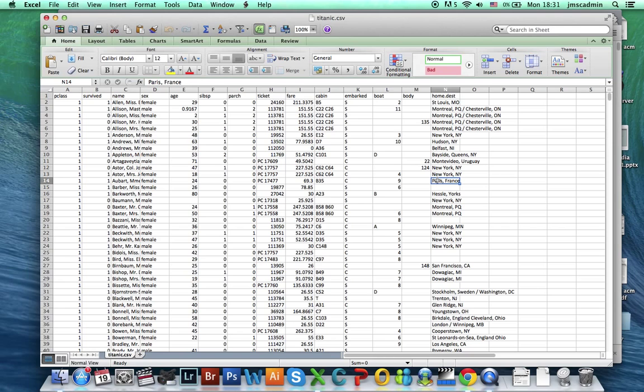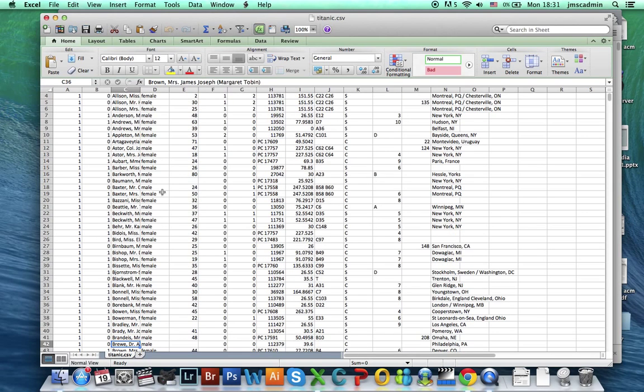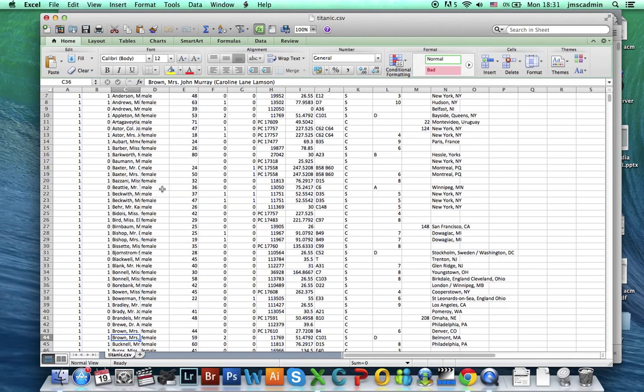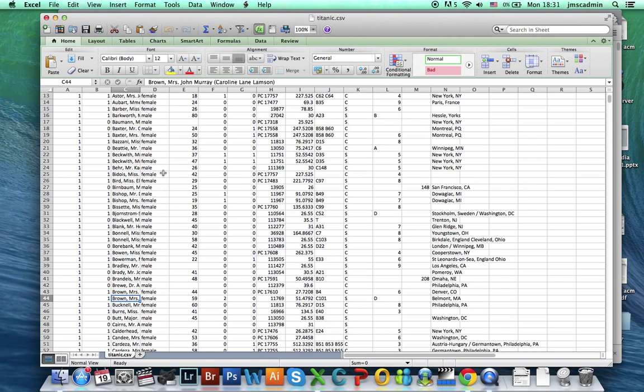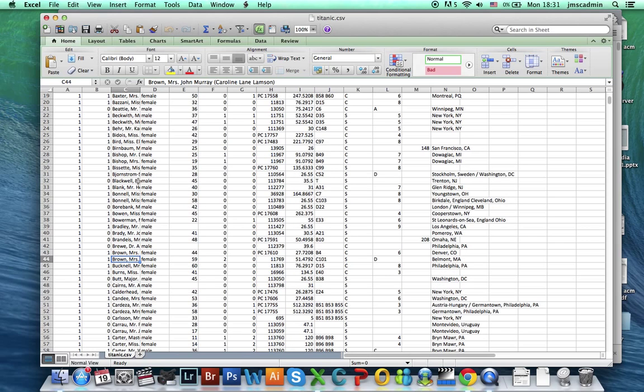But I'm talking about the actual data, the actual event, so you will not see Rose and, I can't remember the name of the character that Leonardo DiCaprio played. I really can't remember. So you will not find those names in this data set.